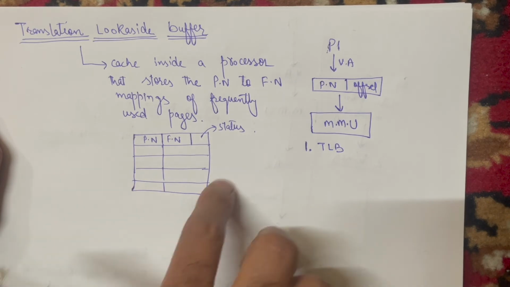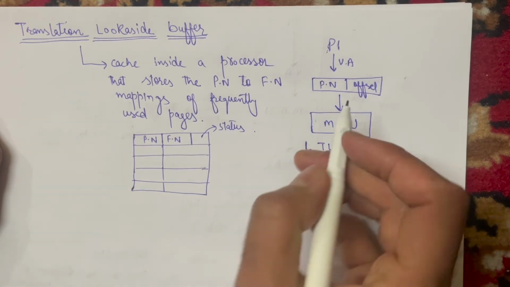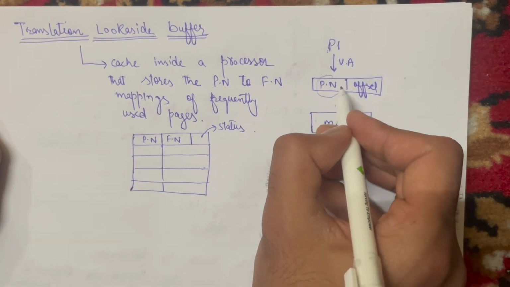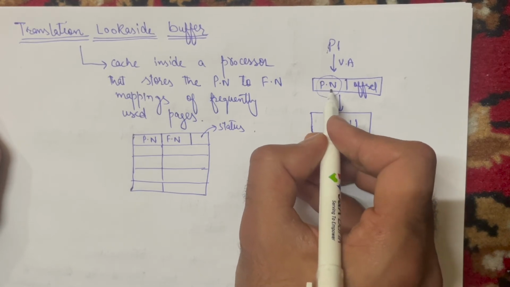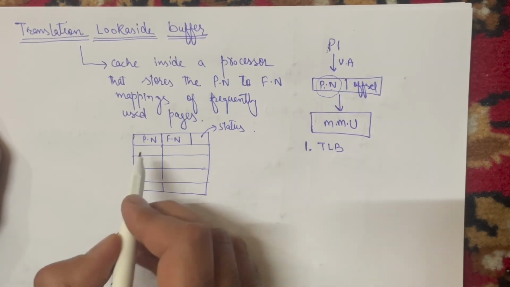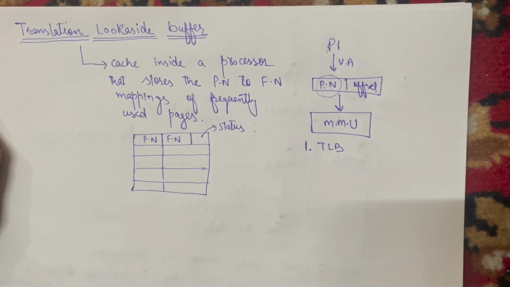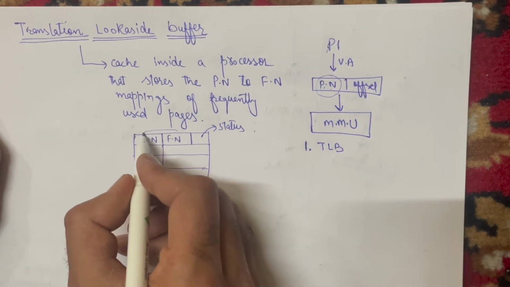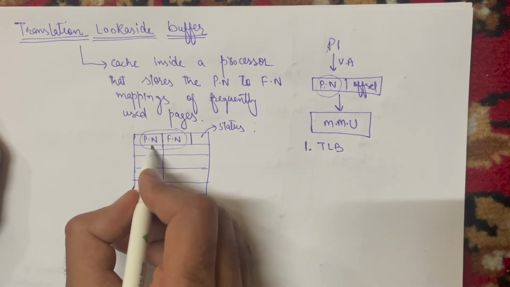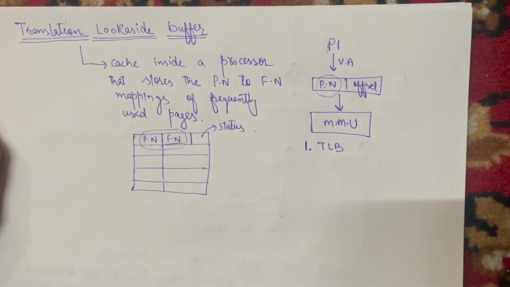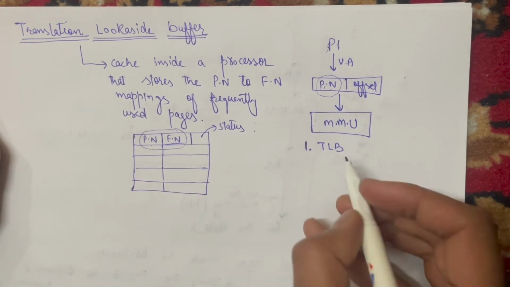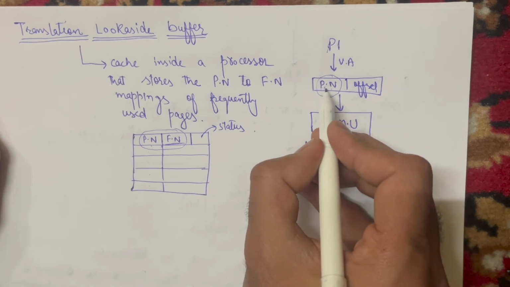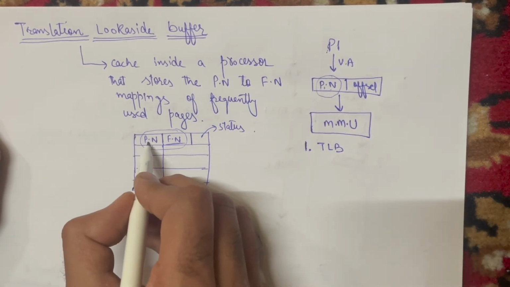It will see if the mapping for this particular page number is present in the cache. So it will search this cache. If there is a mapping available, it will get its corresponding frame number.